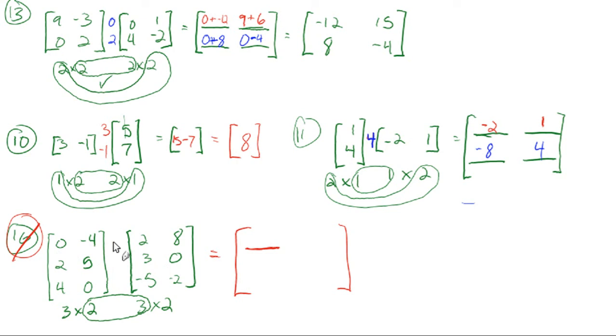We take the first row, rotate it, multiply it by the first column, but they're mismatched dimensions. They can't work together. We multiply the 0 by the 2, the negative 4 by the 3, but what would we multiply negative 5 by? There's nothing there. So that's why it's really useful to write these dimensions down first and check, can we even multiply these together? And for this one, we can't.